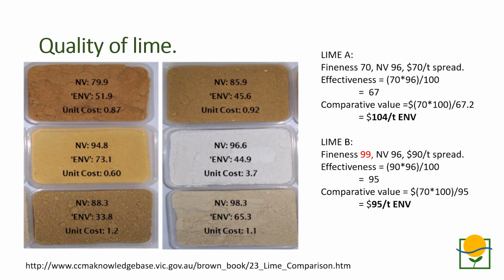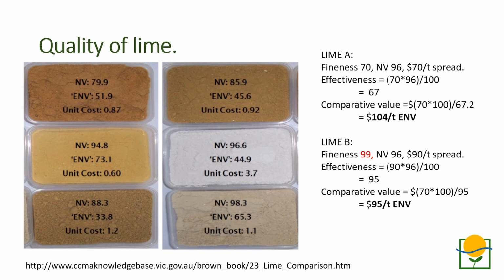They show some of the limes and their equivalent neutralising value, as well as their neutralising value and the cost per equivalent neutralising value. The equivalent neutralising value, ENV, factors in both the neutralising value and the particle size, providing an index on how much acidity the lime will neutralise in the soil.